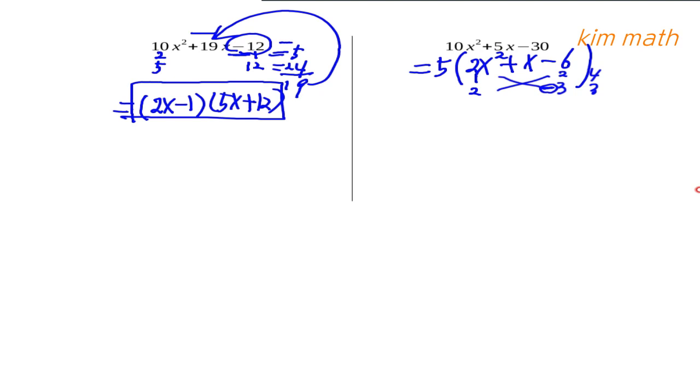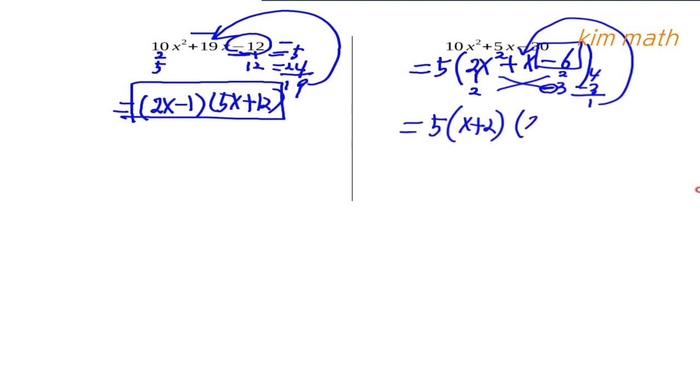So 2 times negative 3 is negative 6, and this is negative 3. Now the sum is 1, so 1x is here, right? So don't forget the 5. The next factor, 1 and 2, which means x plus 2. The next factor, 2 and negative 3, which means 2x minus 3.